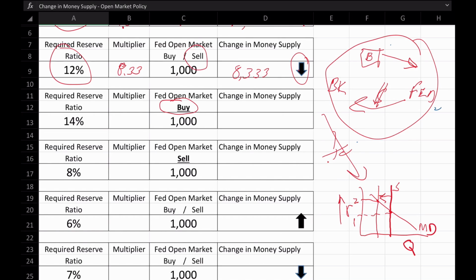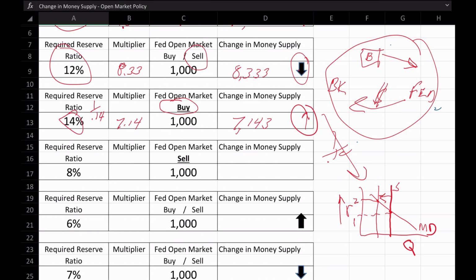So cash is obviously going from the Fed to the bank, and that will be an increase in the money supply. 14% required reserve, 1 divided by 0.14, will give us how much? It'll give us a money multiplier of 7.14 times $1,000, and if you work it out, 7,143 increase in the money supply.